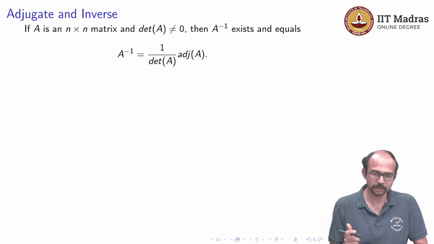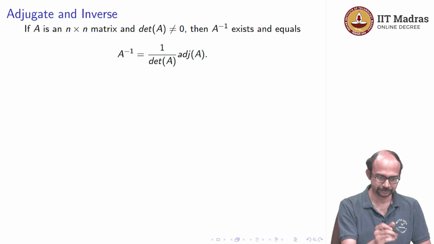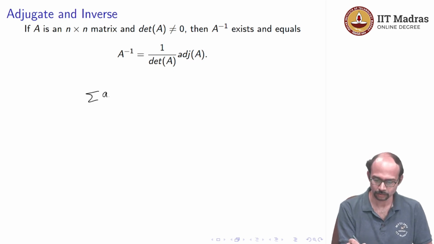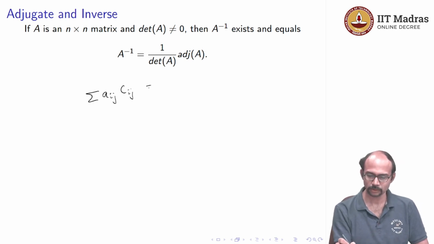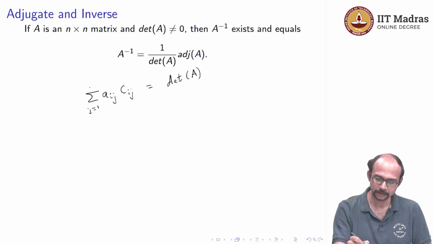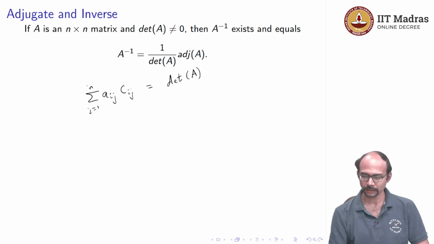So, if you remember, in the previous video we had these two very nice formulae about cofactors. So, one was that the summation of a_ij C_ij is determinant of A, where you take this sum from 1 through n. Okay.